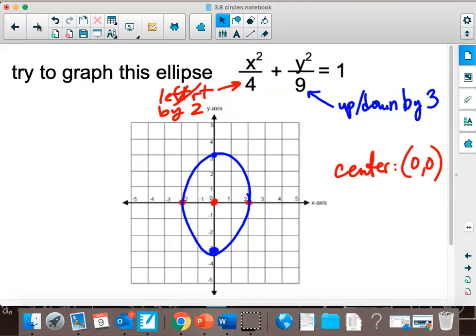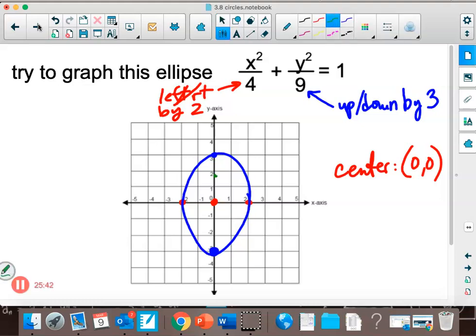So the foci of an ellipse are these dots, kind of like there and there. They're along what we call the major axis of the ellipse, the longer axis, right? Now here's what's special about the foci of an ellipse. Anything that gets projected out of one focus automatically gets sent to the other focus.